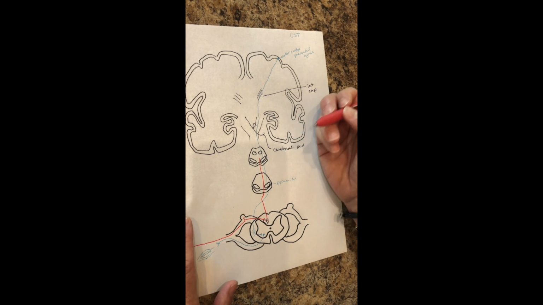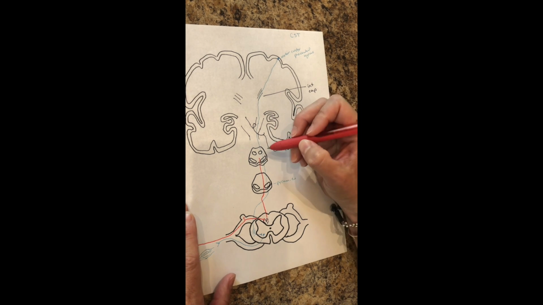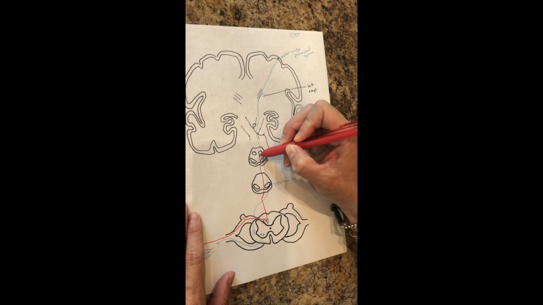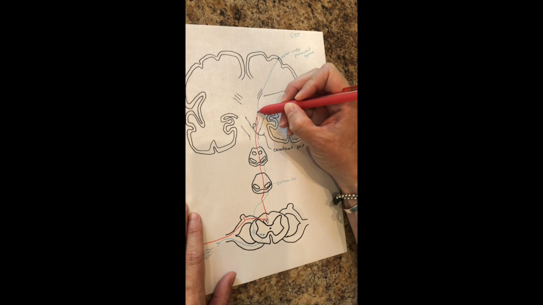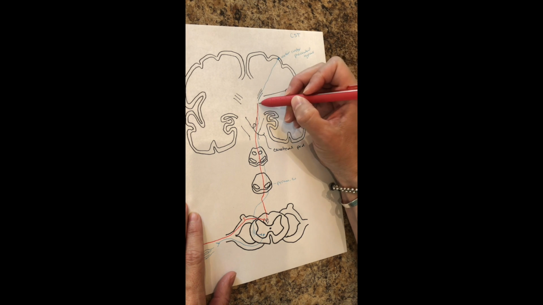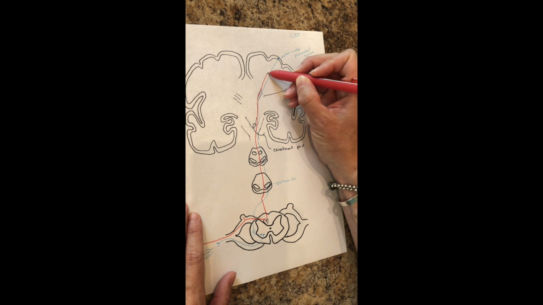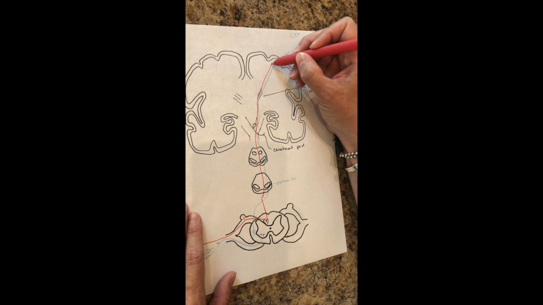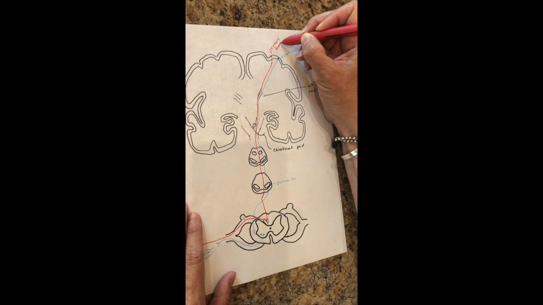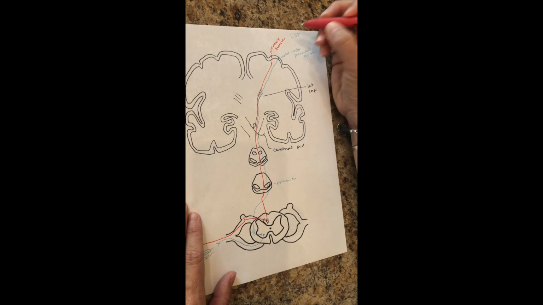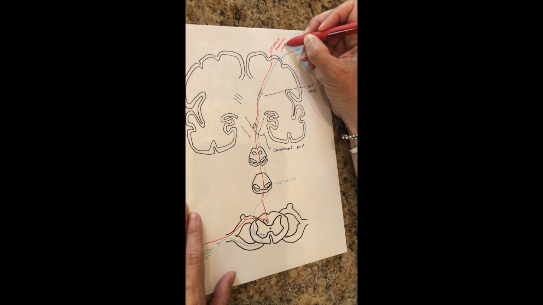Lemniscus is another word for tract because we don't have enough of those. Medially through the cerebral peduncle, synapses in the thalamus. We're not going to talk about that here. And then this is going to go to the primary sensory cortex, which is the postcentral gyrus.